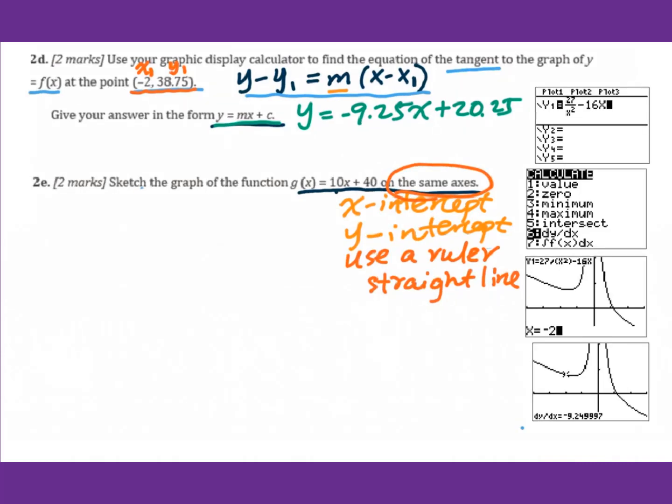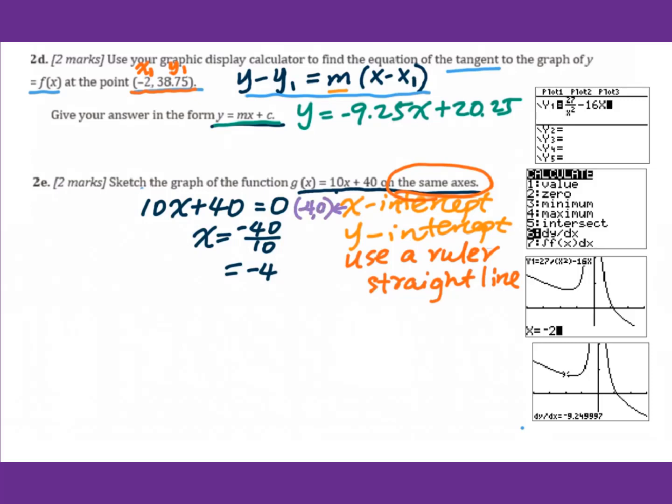If you are given a linear function, to get the x-intercept, you set the function equal to 0. So 10x plus 40 equals 0. Then x equals negative 40 over 10. That's how you get negative 4. So the x-intercept will be negative 4, 0.